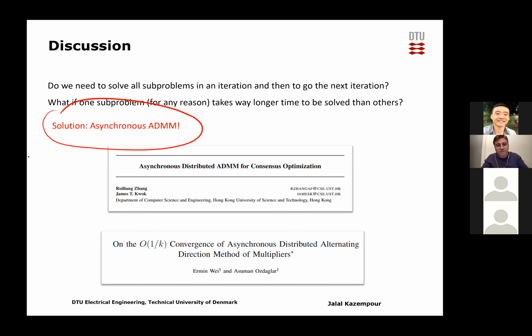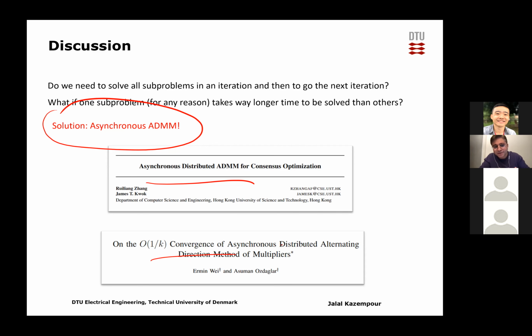I'm not going to teach what to do, but at least these two very nice references about asynchronous ADM explain how we can do that. And we can further robustify our distributed algorithm and make sure that we can solve all of them in parallel, and the computational time will be comparatively low.